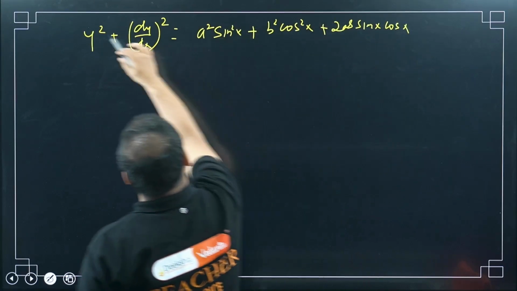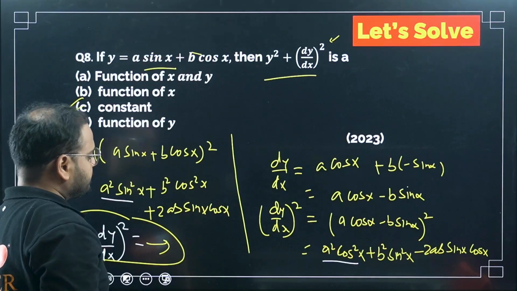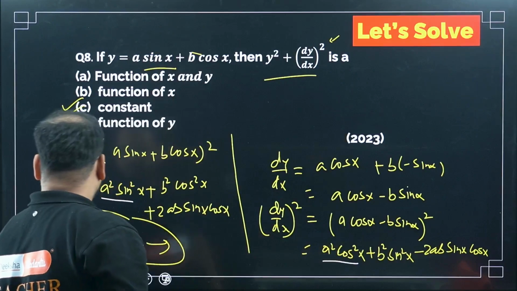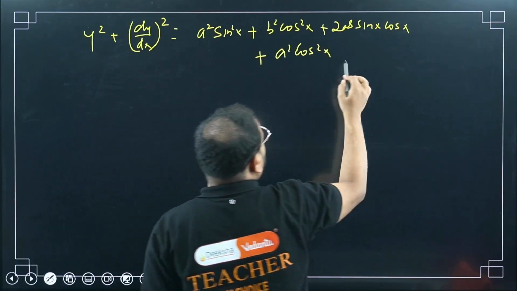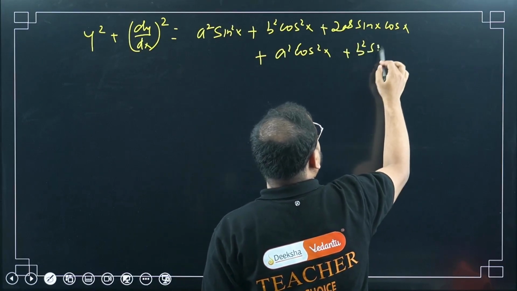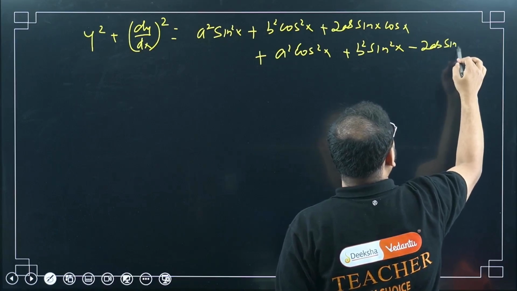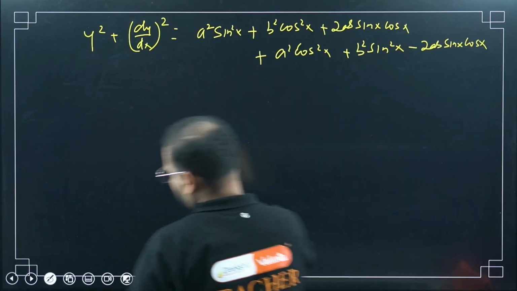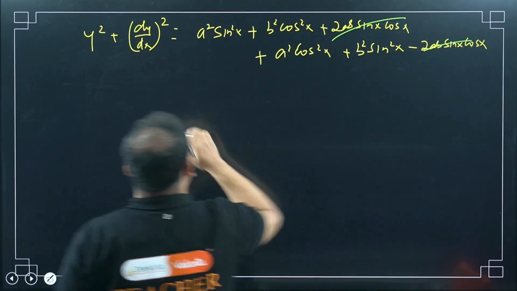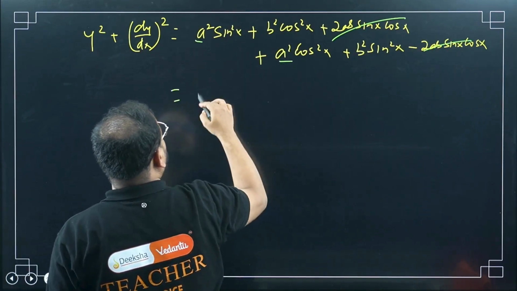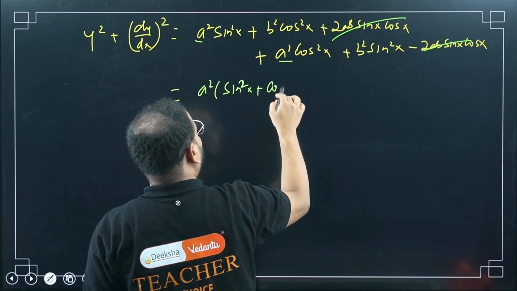This is just y square, plus this whole square of the derivative: a square cos square x plus b square sin square x minus 2ab sin x cos x. Have a look. So this and this go out. Take a square common from here. So I get a square times sin square x plus cos square x.